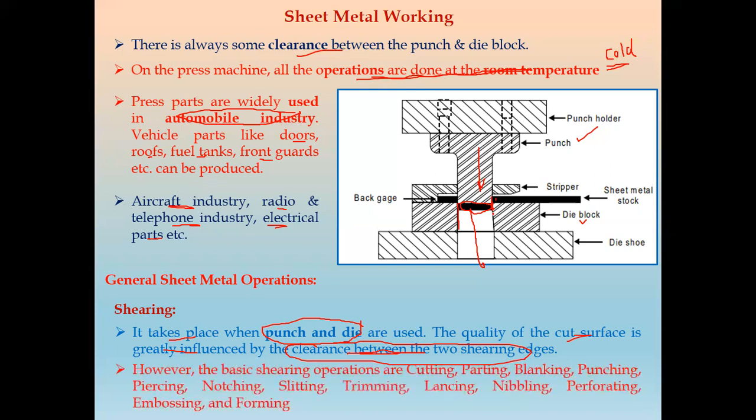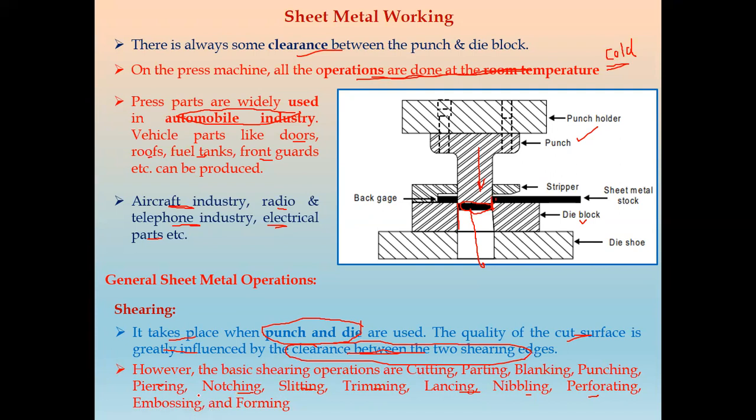Similarly, however, the basic shearing operations are like cutting, parting, then blanking, punching, piercing, then we have notching, then slitting, trimming, lancing, nibbling, then perforating, embossing, and forming.